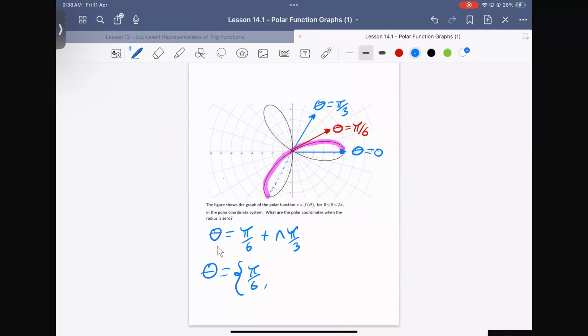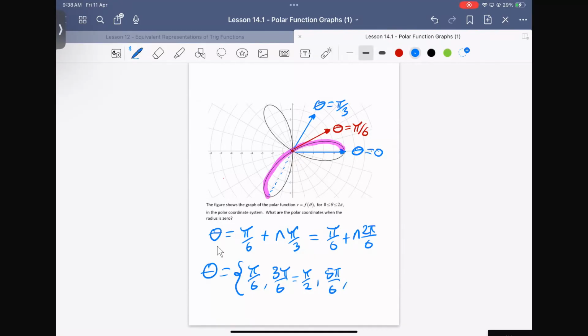What's our second one going to be at? Just to make this easier, this is pi over 6 plus n 2 pi over 6. So you're going to be adding 2 each time. So the next one's going to be at 5 pi over 6.